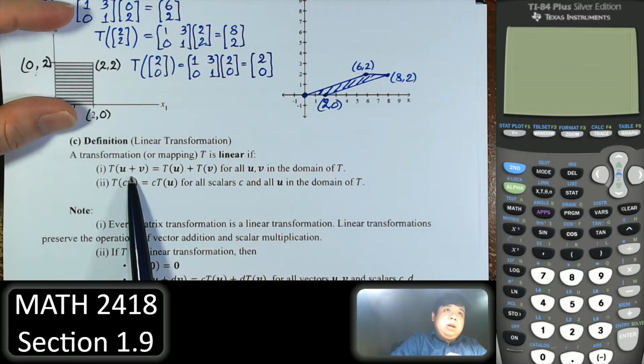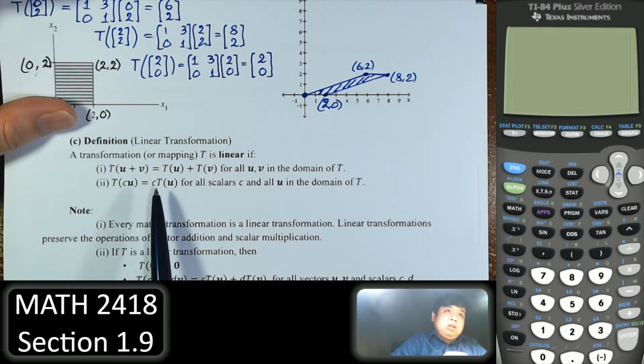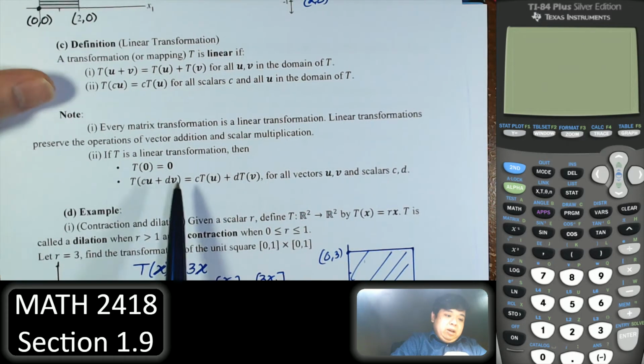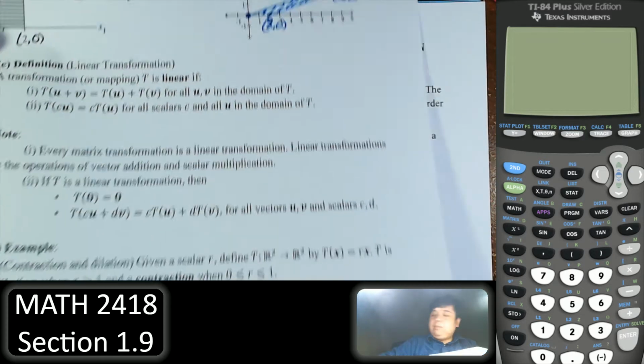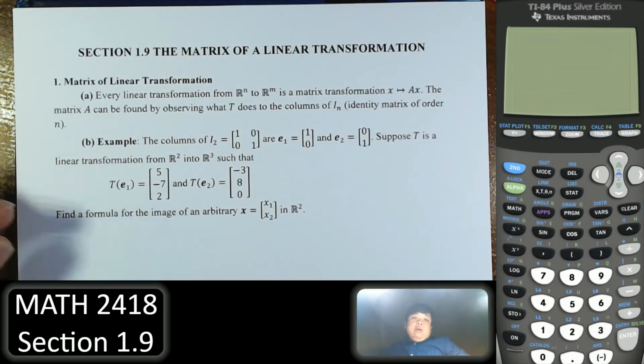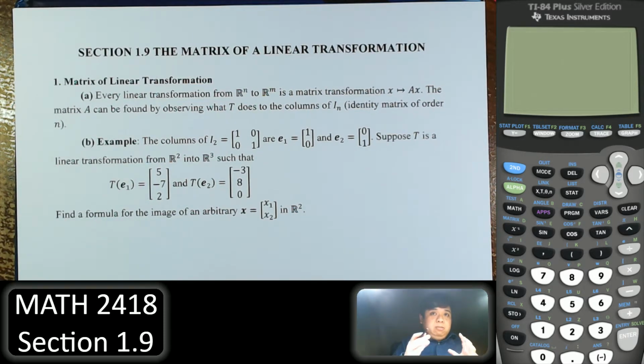The transformation of a sum is the sum of the transformations. The transformation of a scalar multiplication is a scalar times the transformation, and then we have these properties here. Now in this section we focus on how to find the matrix associated to that linear transformation, and after that there will be some nice review of what we have in this chapter.